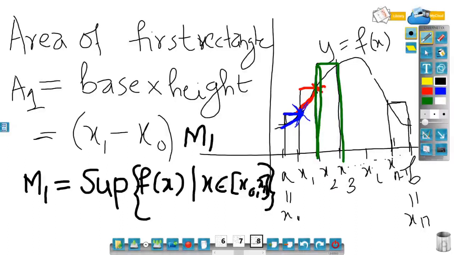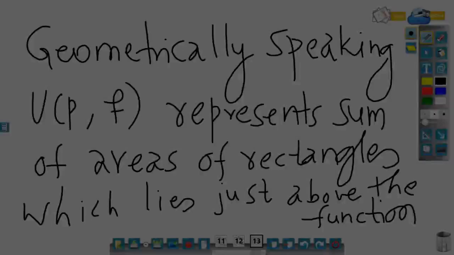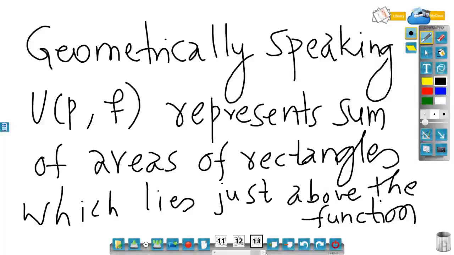So when we take the area below the curve, that total area is called a lower sum. So now this gives me a space to define a lower sum. Since I have talked about what is U(P, f), roughly speaking, it is the sum of the areas of rectangles which lie just above the function.